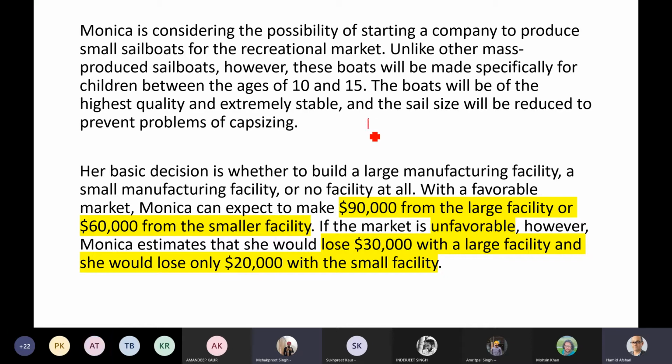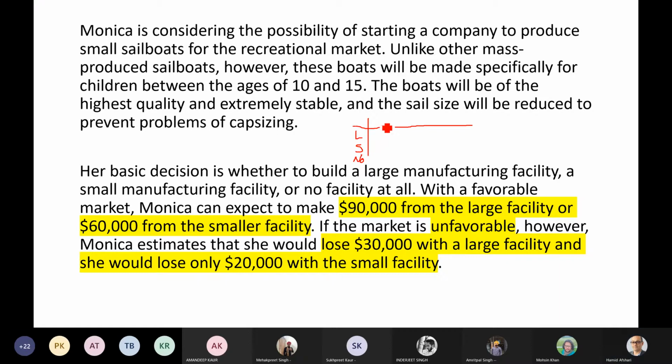Okay, so all we need is to create a table, and in this table how many alternatives do we have? Three. Okay, so it will be large facilities, small facilities, or no facilities.